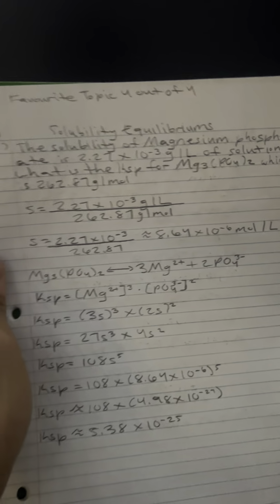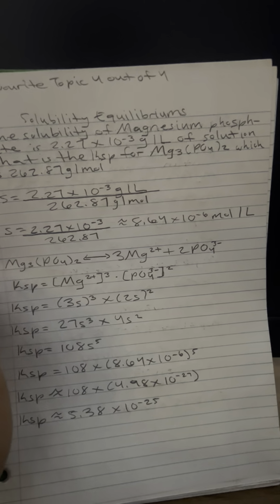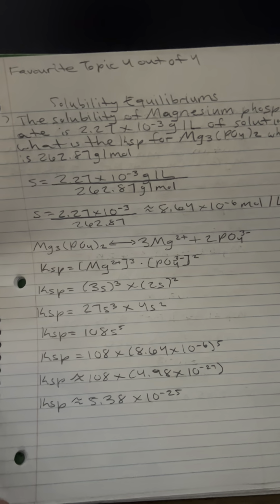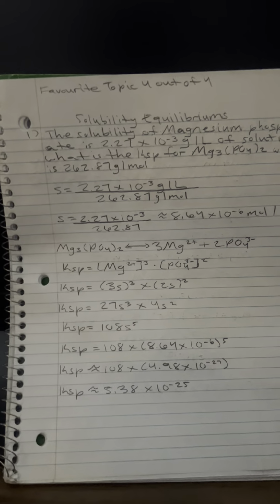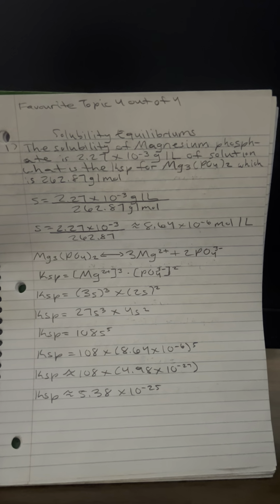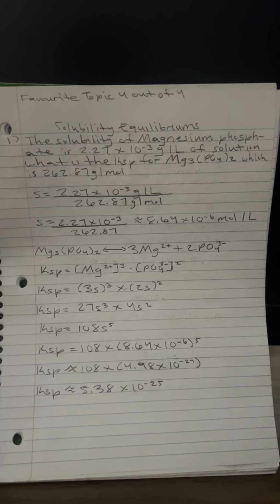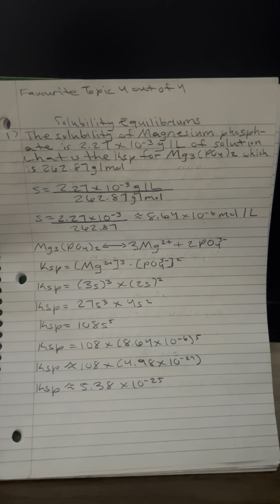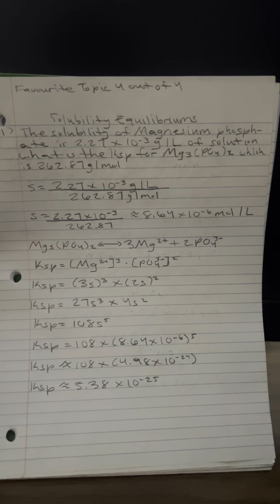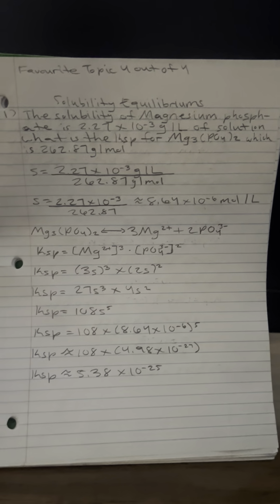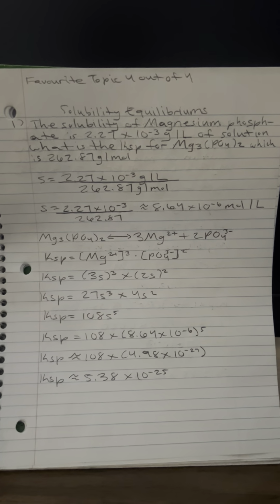Now, the last topic, favorite topic 4 out of 4, is solubility equilibria. It's chemistry 2, guys. So the solubility of magnesium phosphate is 2.27 times 10^-3 grams per liter of solution. What is the Ksp for Mg3(PO4)2, which the molar mass for that is 262.87 grams per mole?